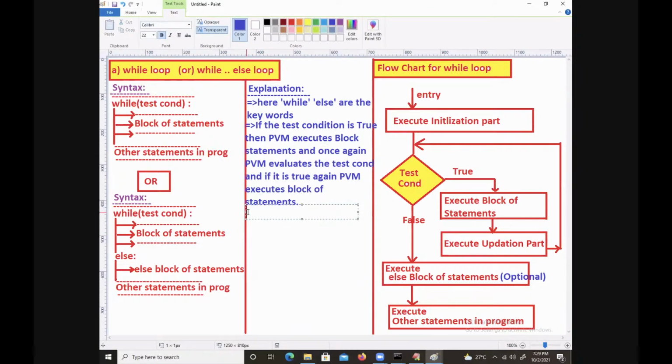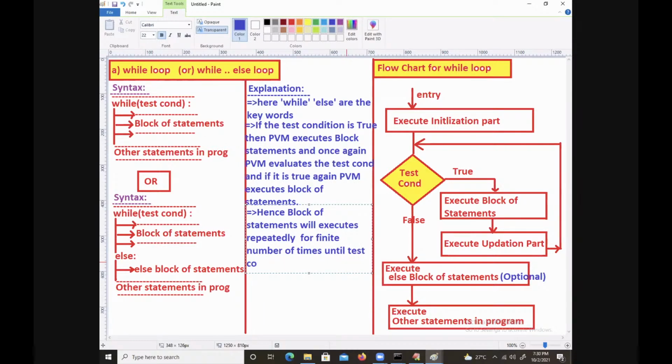So here I am saying, the block of statements will execute repeatedly for a finite number of times until the test condition is false.